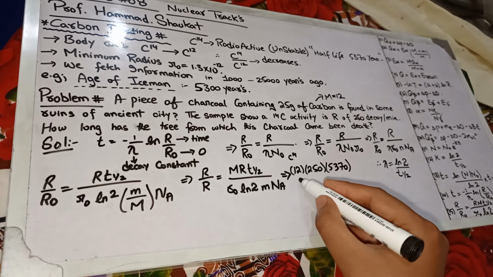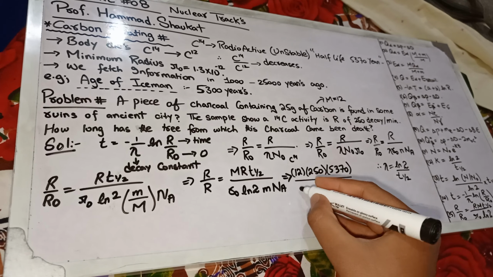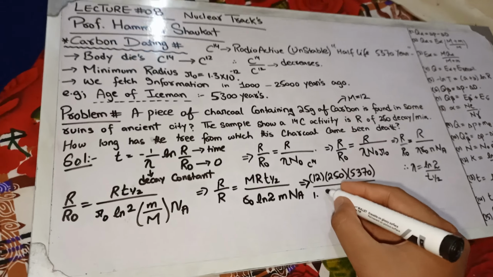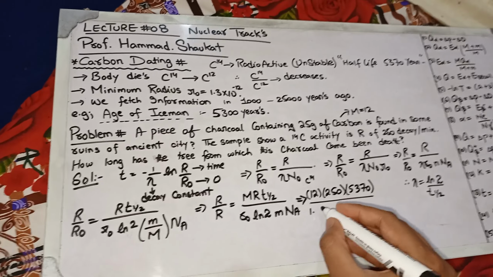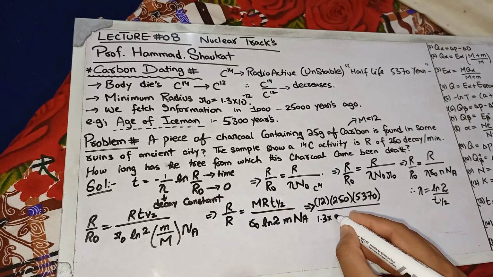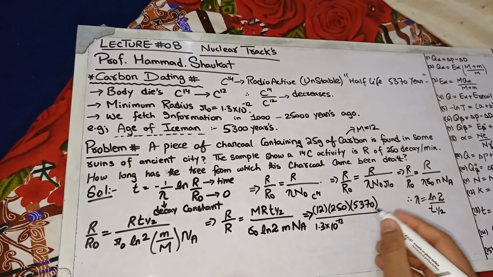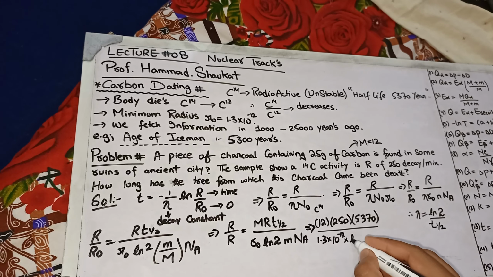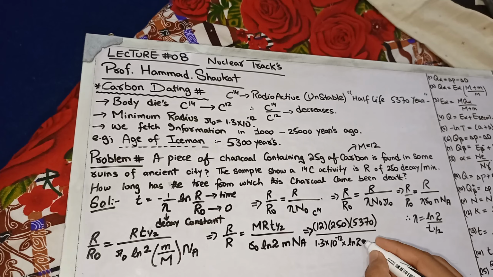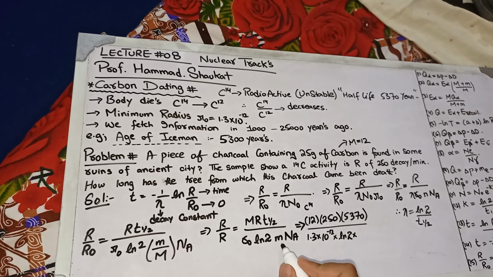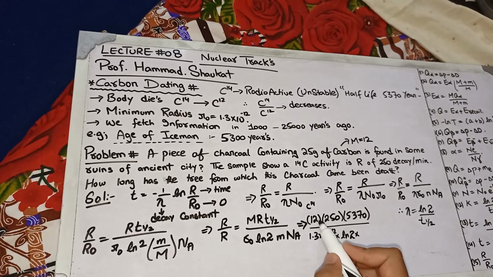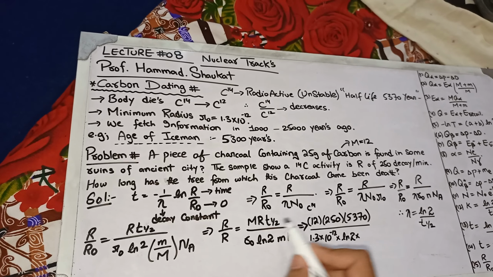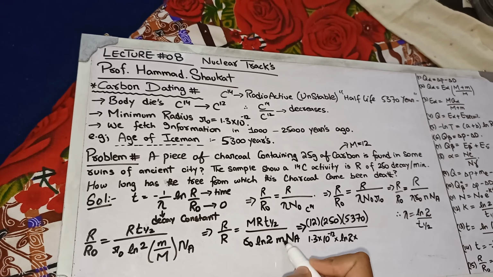5370 years divided by r naught, which is 1.3 into 10 raised to power minus 12, and ln of 2 multiplied by ln of 2 multiplied by, okay, this is the molar mass value 12 of carbon, and this is the mass in grams.